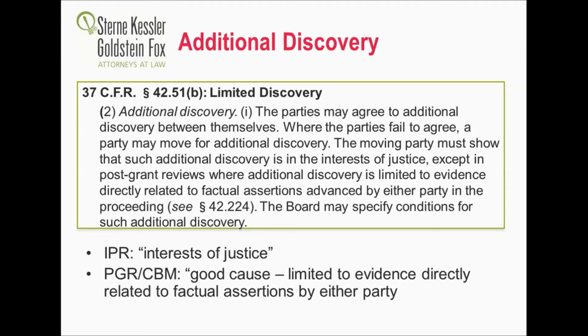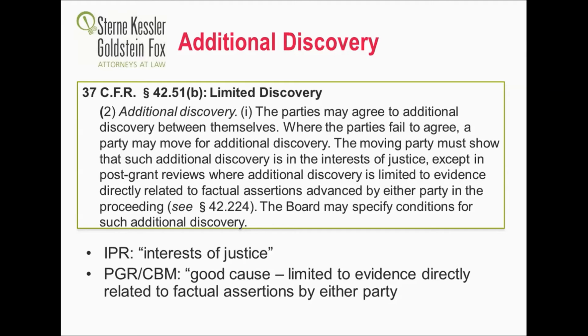So a lot of the additional discovery requests have been by patent owners trying to get behind who is actually behind the filing. Is it just the petitioner, or is there a group of other parties behind it? The other area, which has always been a complication in front of the PTO, and I know Jon has had quite a lot of experience on this in the re-exam world, is secondary considerations of non-obviousness.